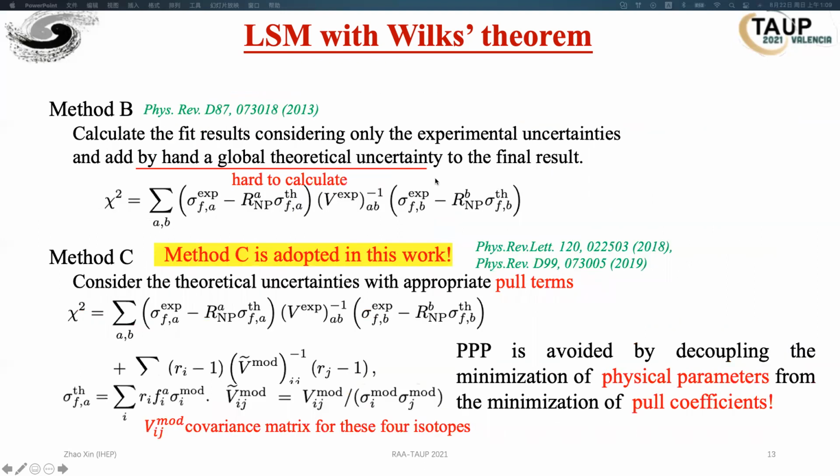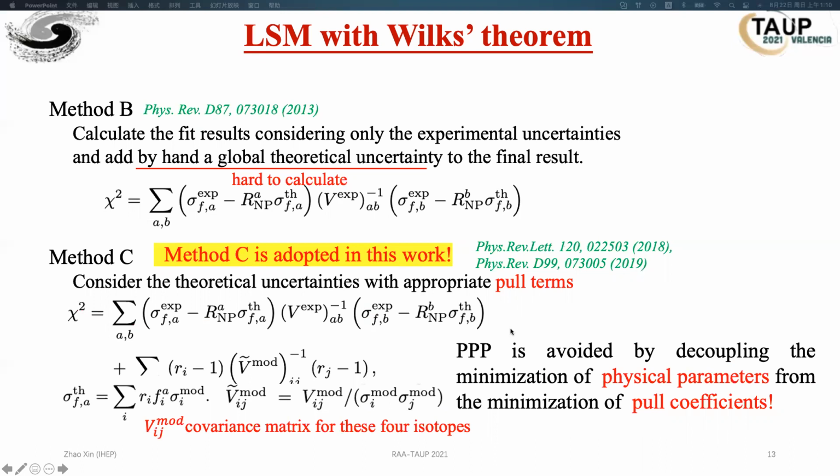And we also find that in this reference, they consider only the experimental part, and in the final fitting result, they have added a global theoretical uncertainty by hand. However, this theoretical uncertainty is hard to obtain. In recent work, we find the authors prefer to consider the theoretical uncertainty with nuisance parameters, or should say with the pull term.